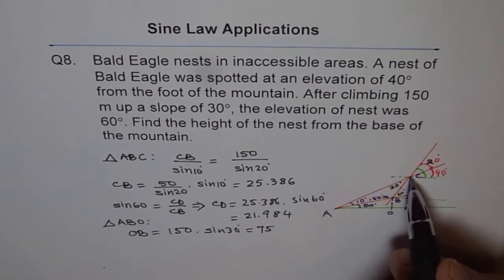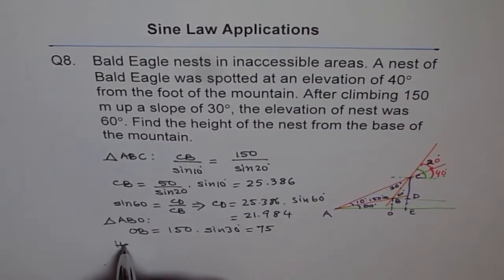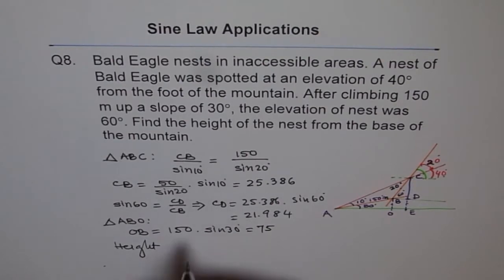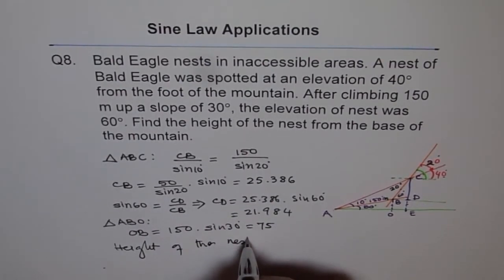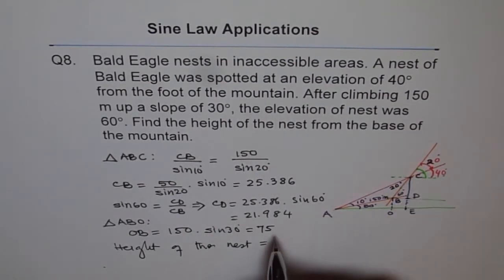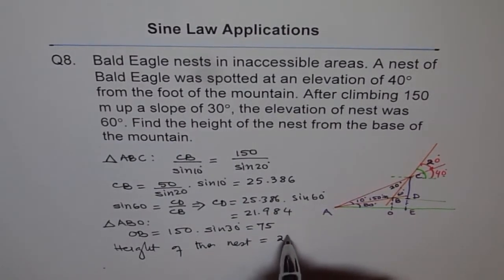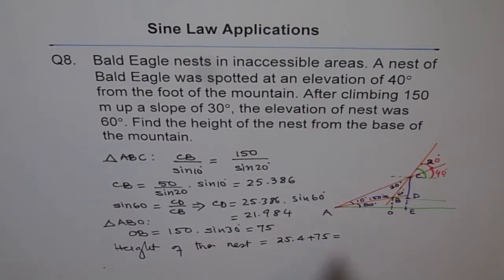So the total height of this nest will be CD plus DE, right? So the height of the nest equals this plus this, which is, well, let's call it 25.4 plus 75, let us say, right?